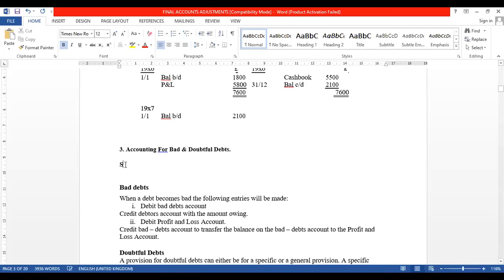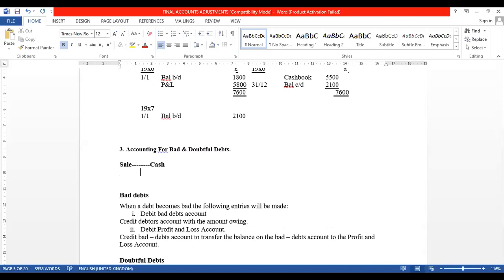So when you do a sale, you will either sell in cash or you can sell on credit, right?